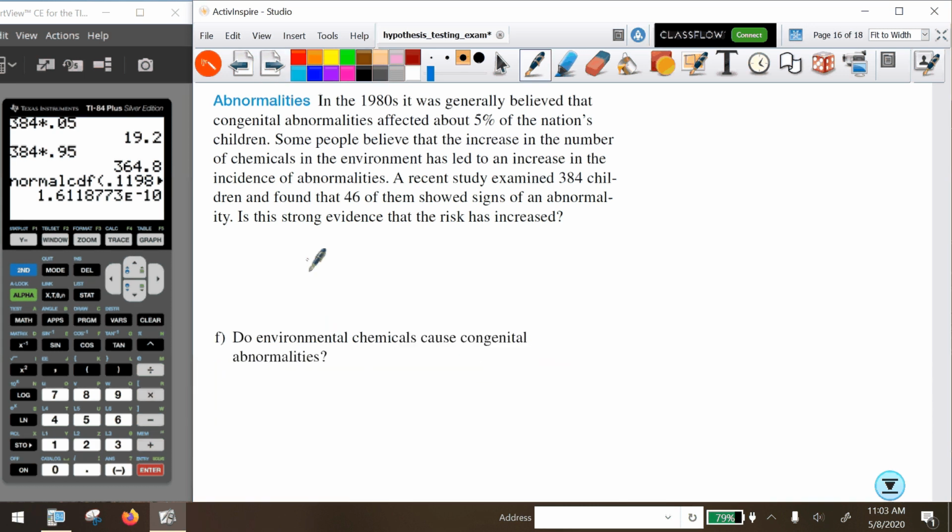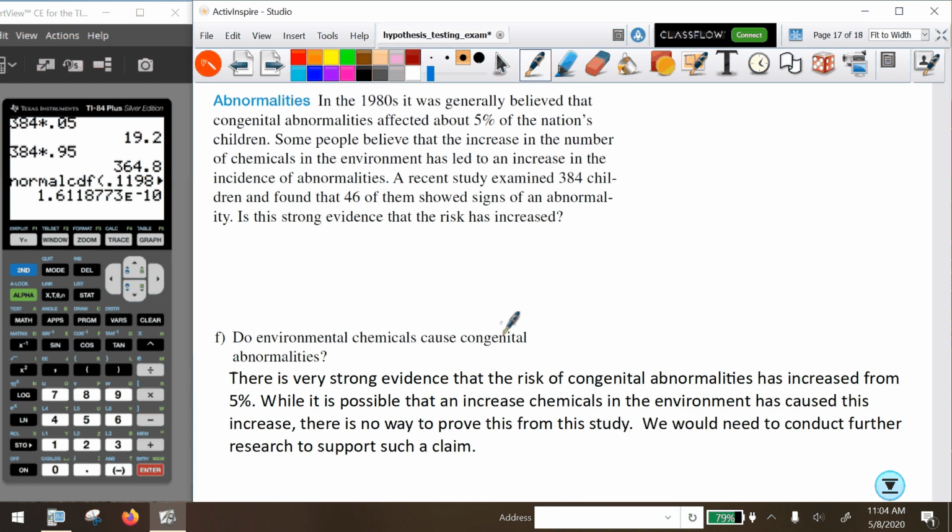Finally, do environmental chemicals cause congenital abnormalities? Well, there is strong evidence that the risk has increased from 5%. But there is nothing in this study that separated the subjects by exposure to chemicals and non-exposure to chemicals. And that's what we would really need to do in order to assert such a claim. We'd have to have a control group.